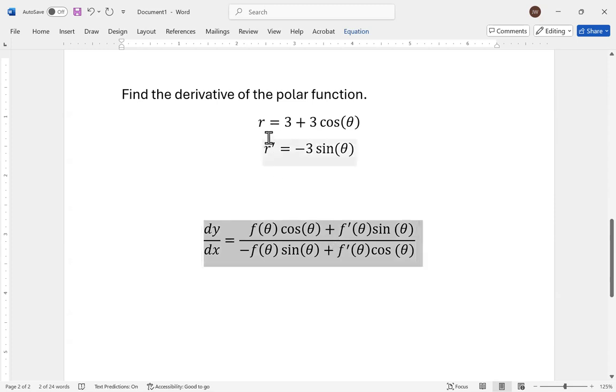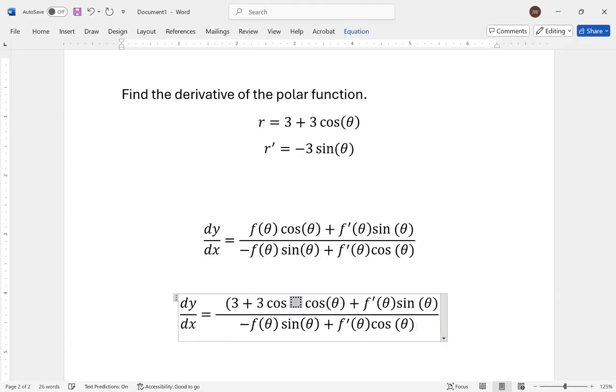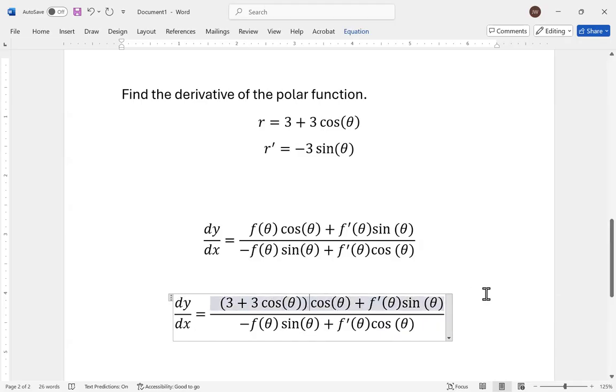Again, r equals a function of theta. So every time I see a function of theta here, I replace that with the r. Let me do that on a separate line. So replace that with, in this case, 3 plus 3 times cosine of theta. Be very careful when you do this because we should have parentheses around the 3 plus 3 cosine theta. When I take a derivative, I had negative 3 times sine of theta.